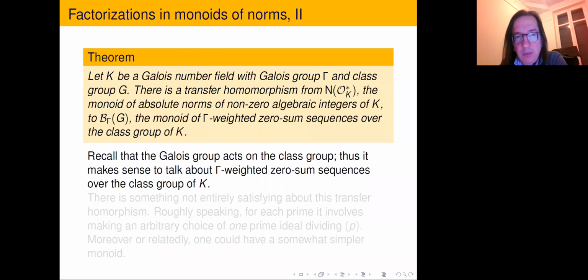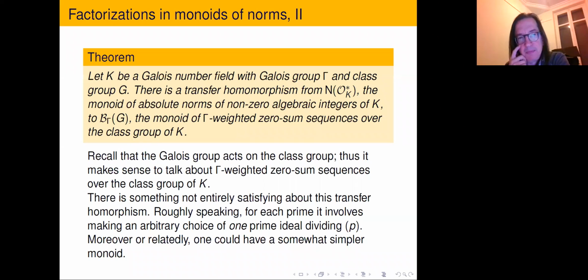So here one has to recall that the class group acts in a natural way on the class group, and thus it makes sense to talk about these gamma weighted zero-sum sequences. Because the elements of the Galois group are not endomorphisms of the class group by definition, but they're naturally associated.